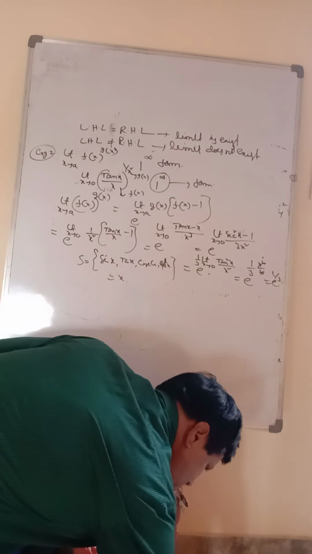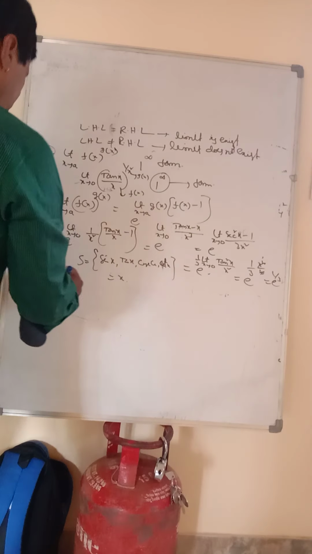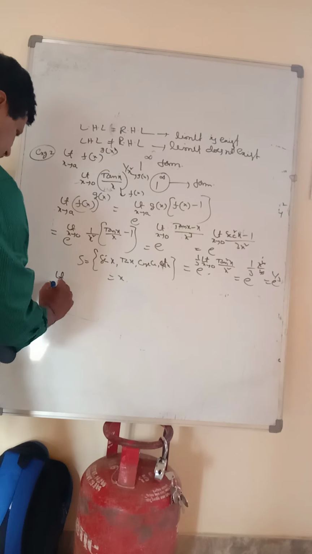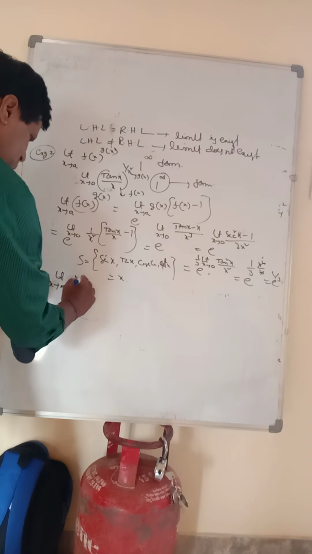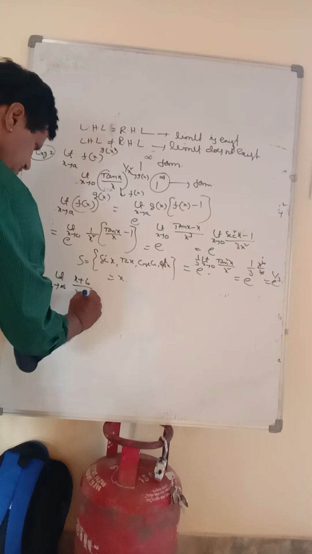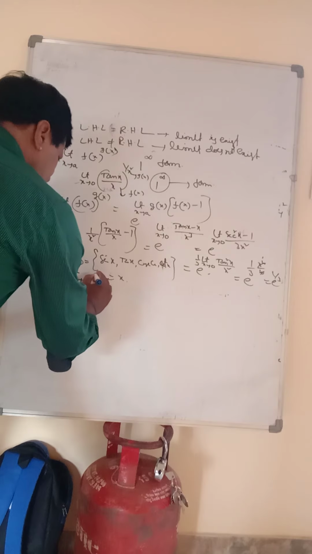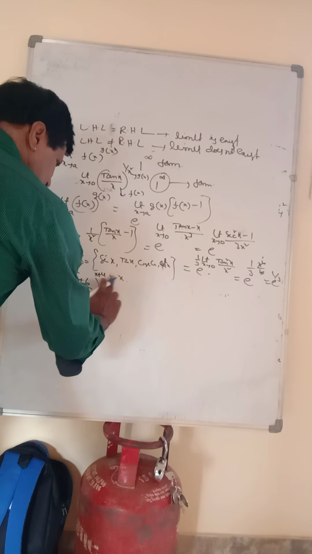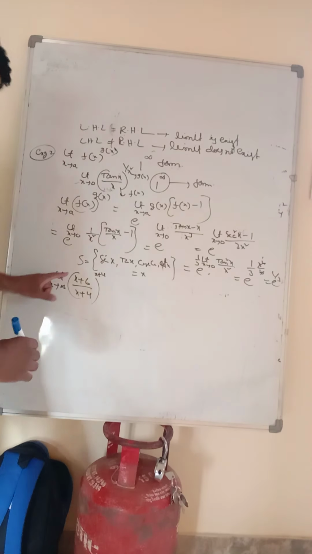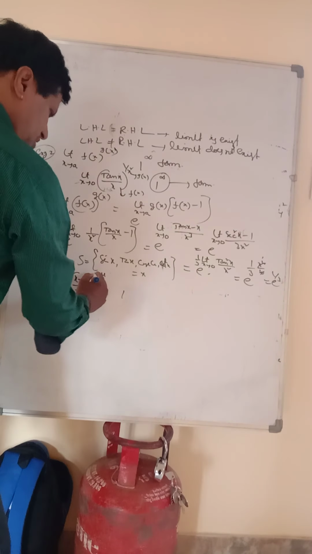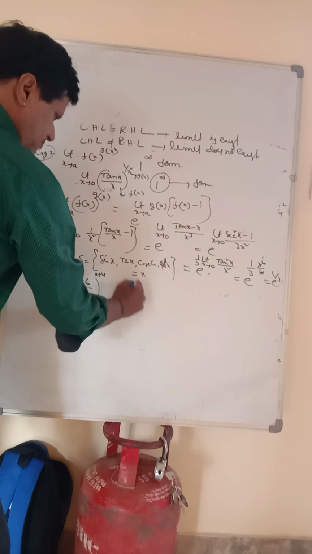If it is infinity also, limit x tends to infinity, (x plus 6 by x plus 4) whole to the power of x plus 4. Which form is this? Coefficient of x by coefficient of x gives 1, so it is 1 to the power of infinity form.